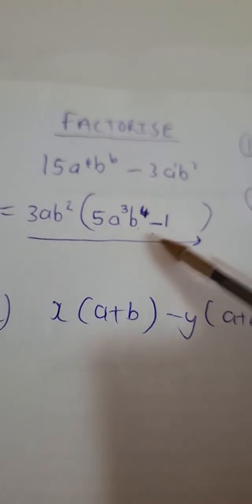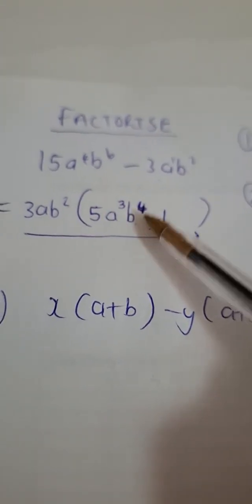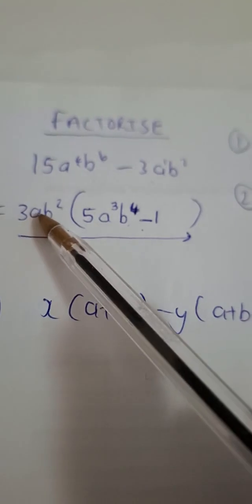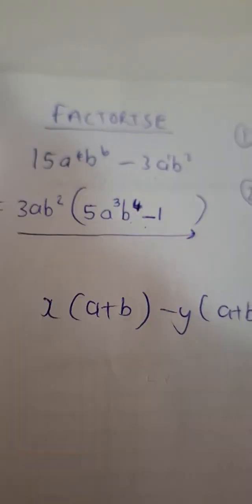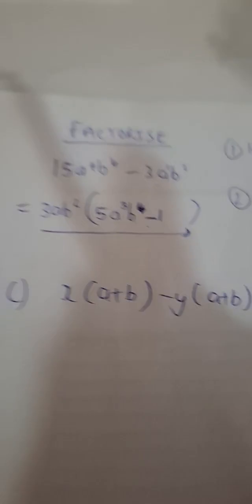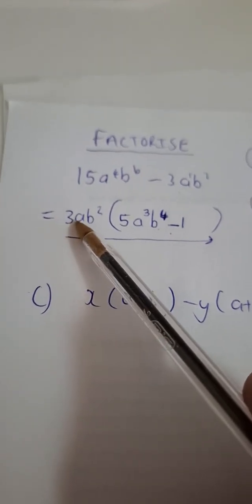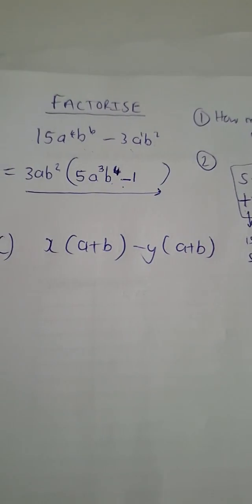That's why there isn't any more highest common factor factorization that you can do. But if you find yourself in a situation where you've taken out a highest common factor, and then inside the bracket there's something more you can take out, then it means you did not highest common factor factorize. So let's be very careful about that.